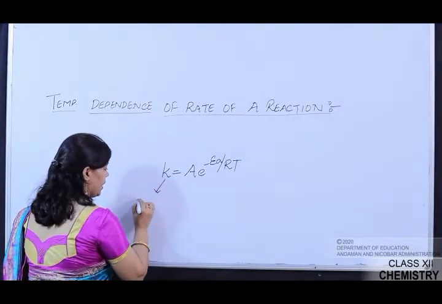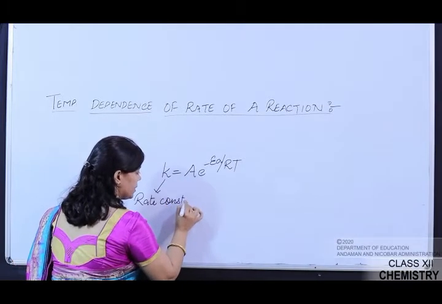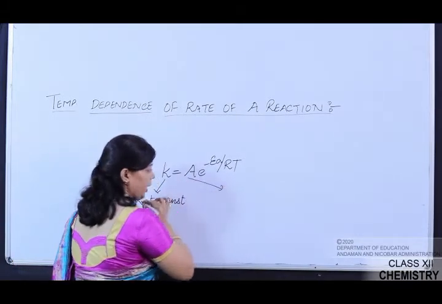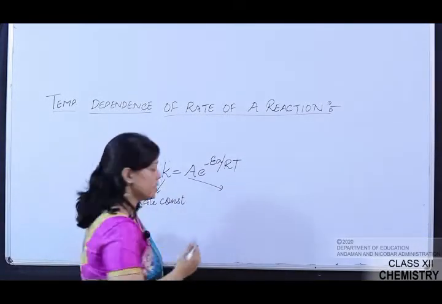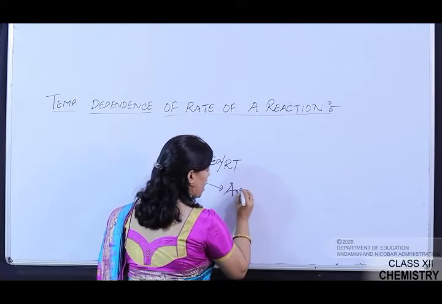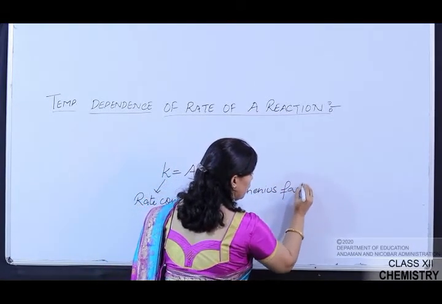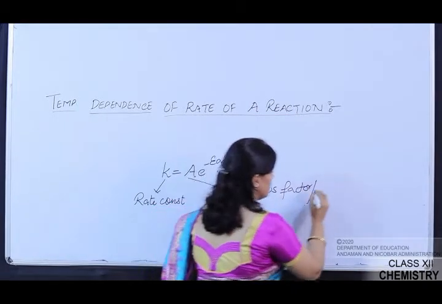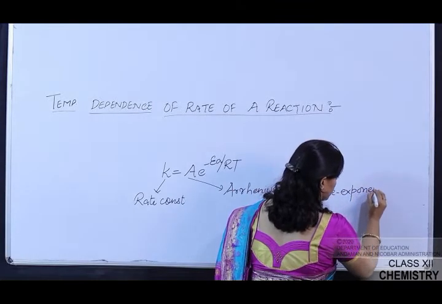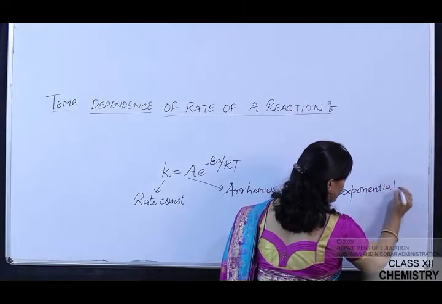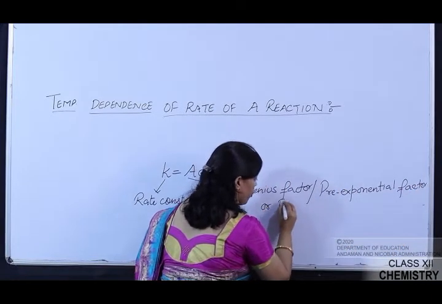Here this k is the rate constant, and this A, since this equation is given by Arrhenius, is named as the Arrhenius factor, or it can also be named as the pre-exponential factor, or frequency factor.